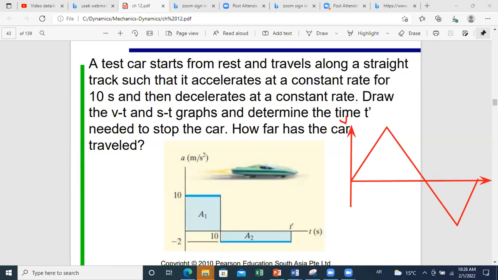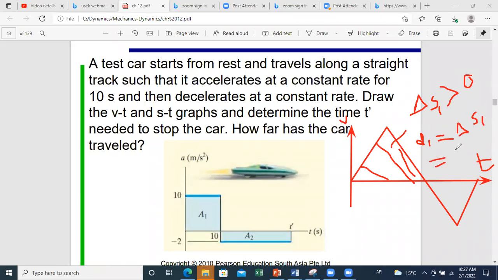You say that this part is above the t-axis. This means that delta S here is positive, and then the distance traveled in this phase is equal to the value of delta S1. So D1 will be equal to delta S1, which will be equal to this area 1.